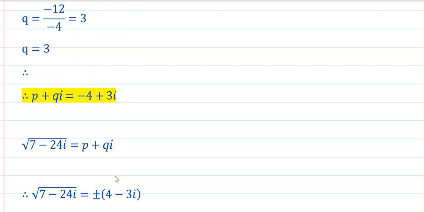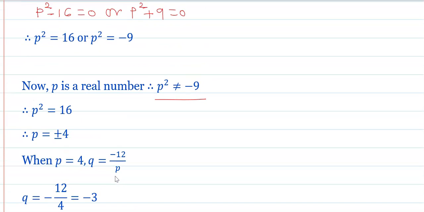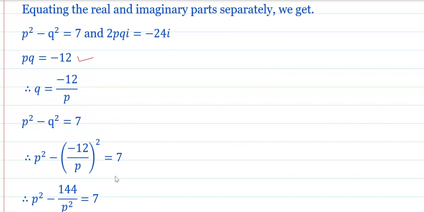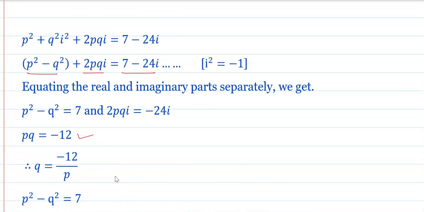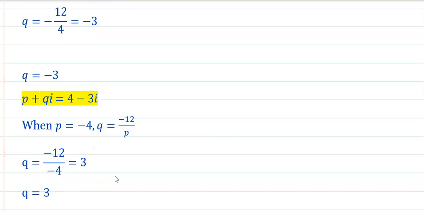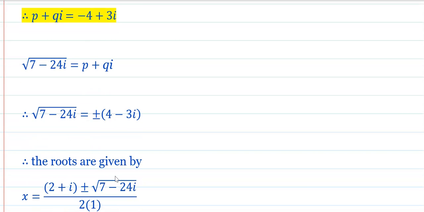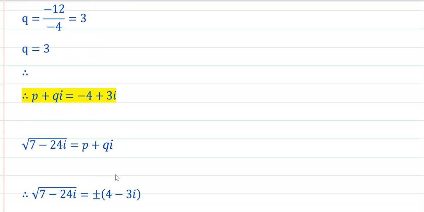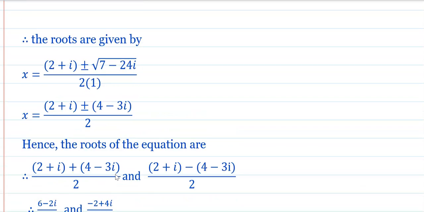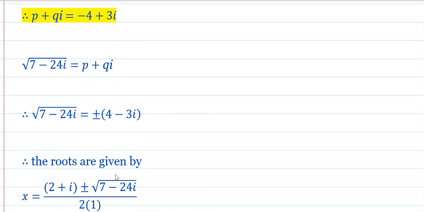And therefore the square root of 7 minus 24i equals plus or minus (4 minus 3i). First we got 4 minus 3i, then minus 4 plus 3i, so you can write plus or minus (4 minus 3i).